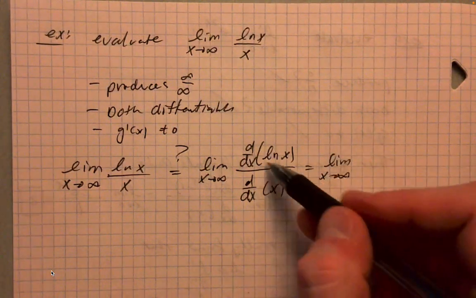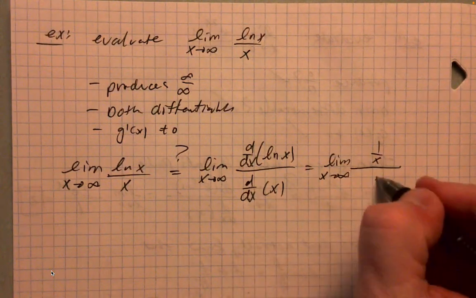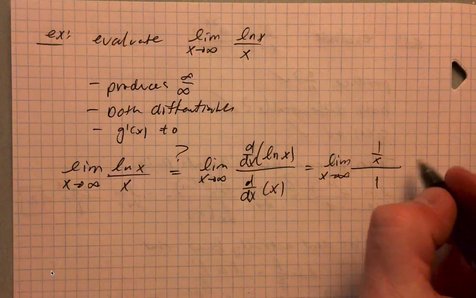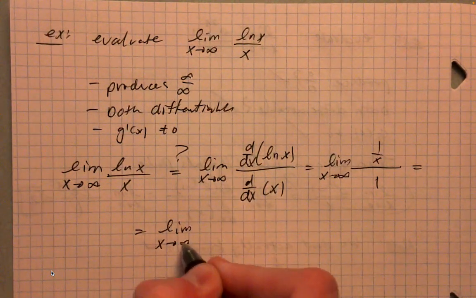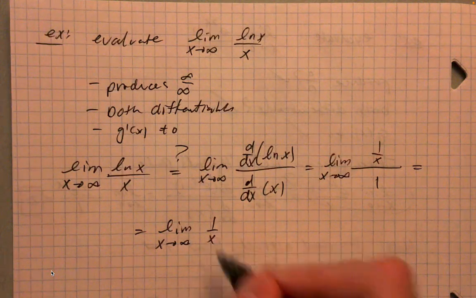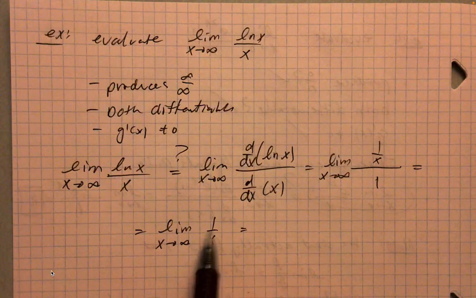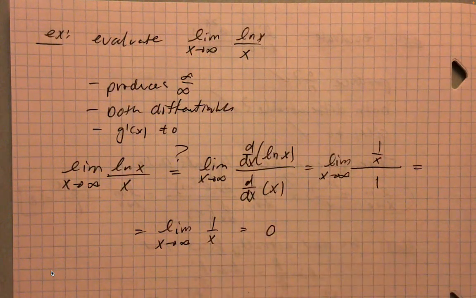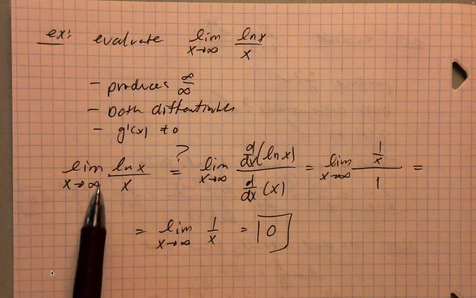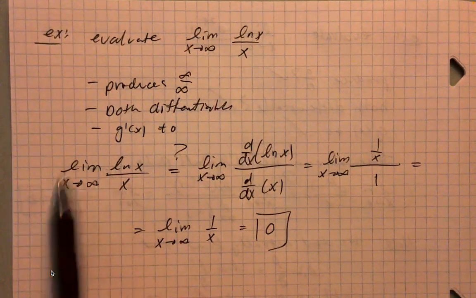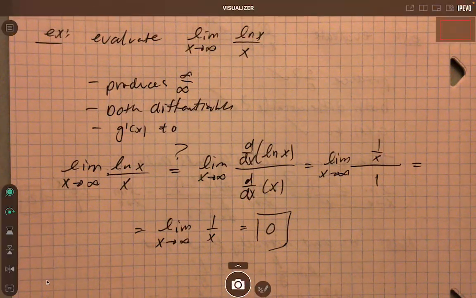The derivative of natural log of x is 1 over x, and the derivative of x is 1. So this is equal to the limit as x approaches infinity of 1 over x, which of course is 0, since the denominator grows without bound. Because this limit exists and the other conditions are met, the original limit has the same value.